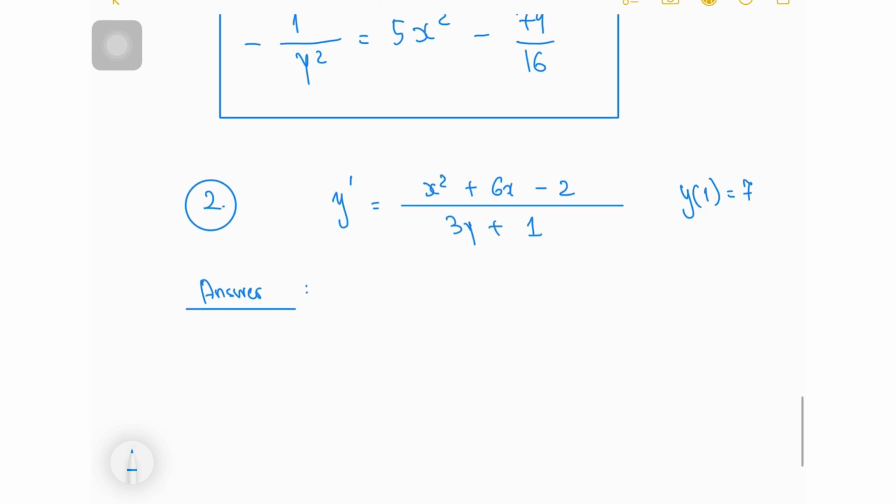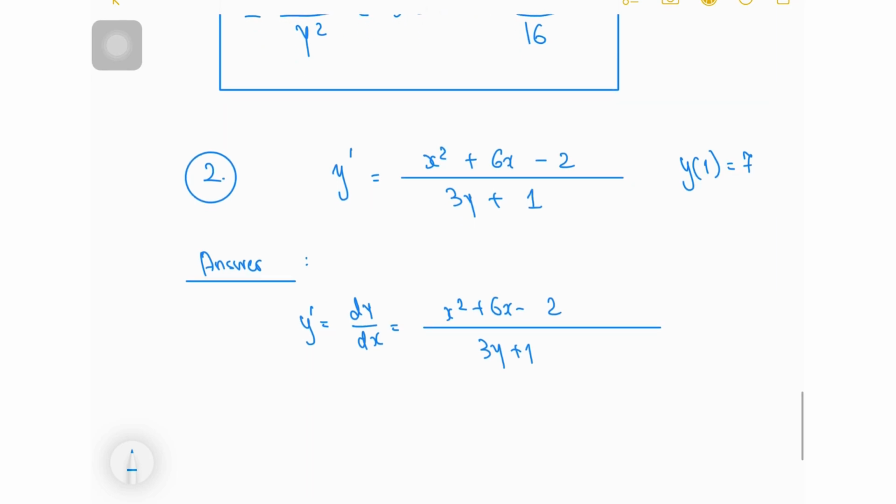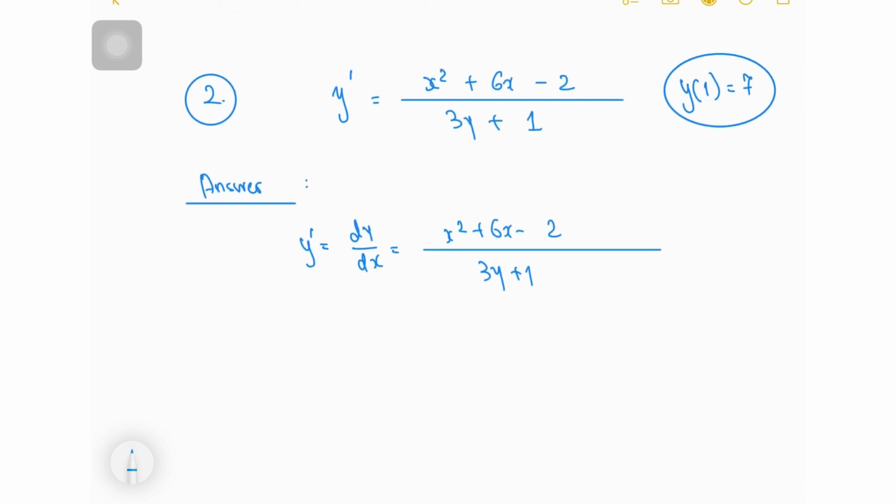So first step, we write y prime as dy over dx, and that is x squared plus 6x minus 2 over 3y plus 1. This condition will come later, when we find the general solution. An easy way to understand is basically to cross multiply, but don't forget the brackets. 3y plus 1 dy equals, in the brackets, x squared plus 6x minus 2 dx.